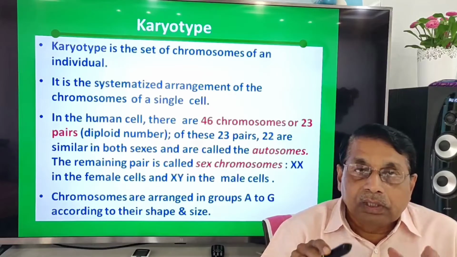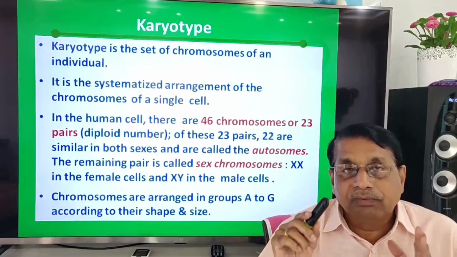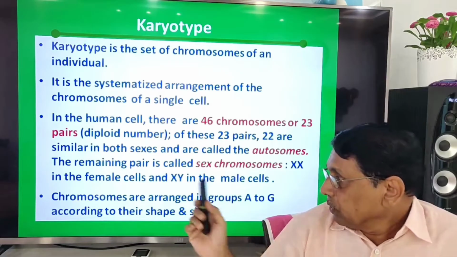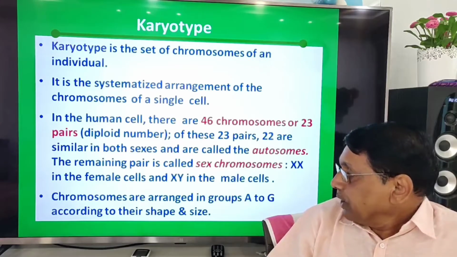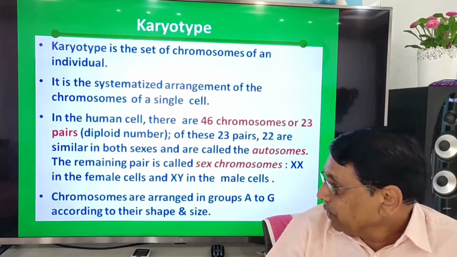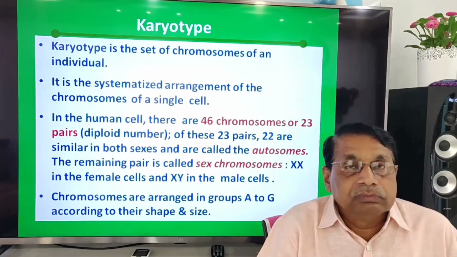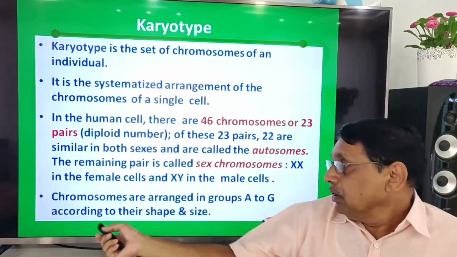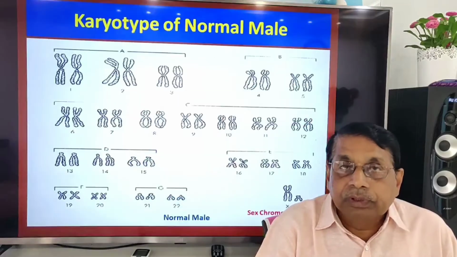Therefore, in males it is 22 plus XY, and in females 22 plus XX. Chromosomes are arranged in groups A to G according to their shape and size. We will see.